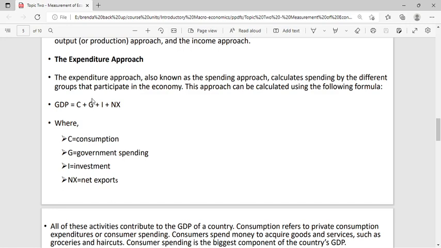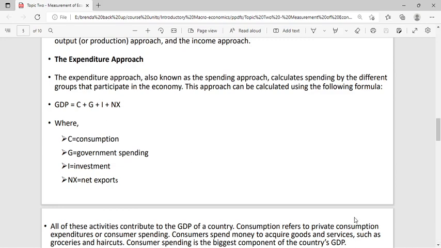It could be during a recession, for example, during the COVID-19 situation, the government came in to spend more on food. So where the consumption, or individual spending on consumption, was low, the government came in to cover up. So that is very key. And we also add investments, what businesses buy for their expansion, and then the net exports.